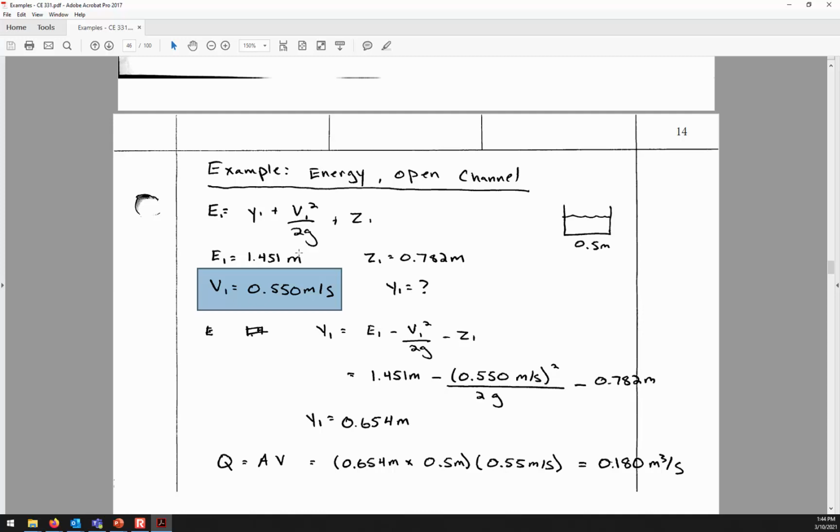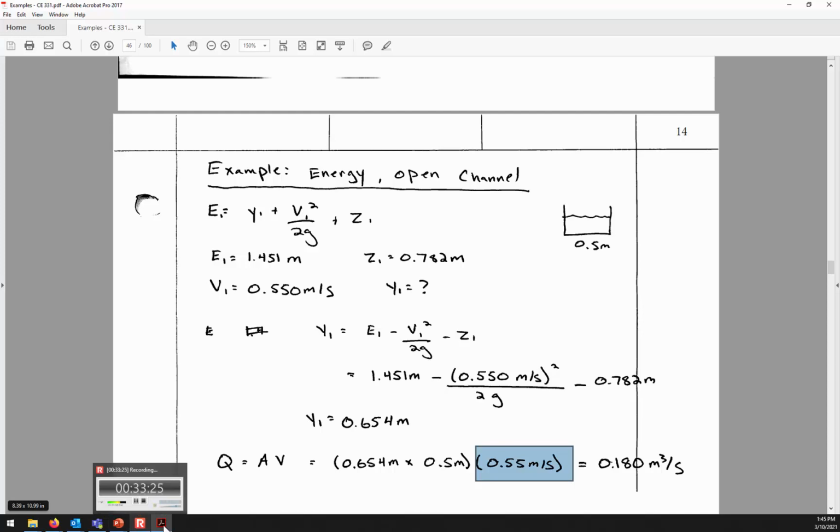And then once we have the depth, we can find the flow rate by multiplying the average velocity by the cross-sectional area. The channel, remember, is 0.5 meters wide, so it's the depth times the width that gives us the cross-sectional area, then multiplying that by the velocity is where we get Q.